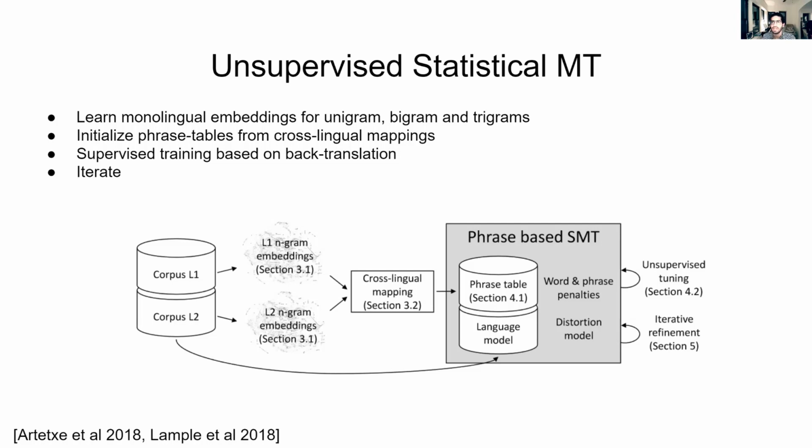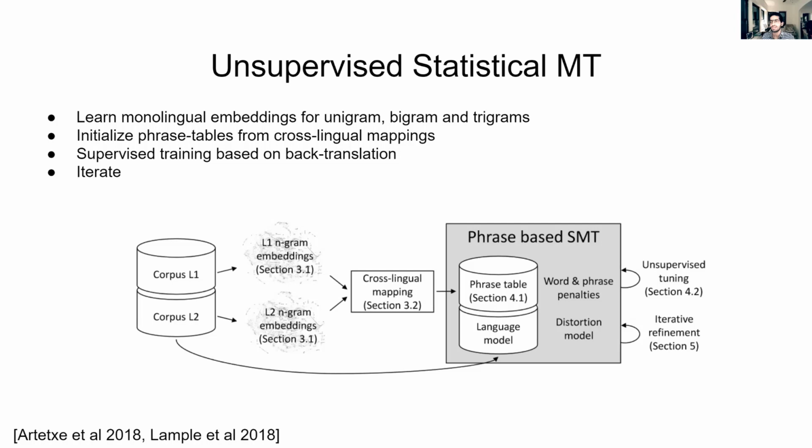So you maintain a list of k nearest neighbors so that you have some stochasticity in your model. Now that you have phrase tables, and you also have monolingual data from which you can learn a language model, you can just train a phrase-based MT system with these two things, the phrase table and the language model.